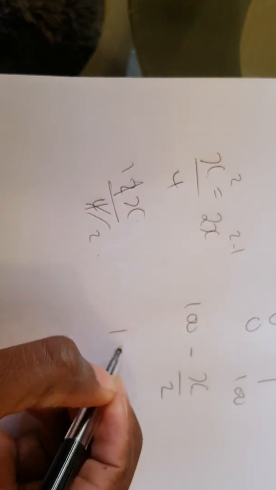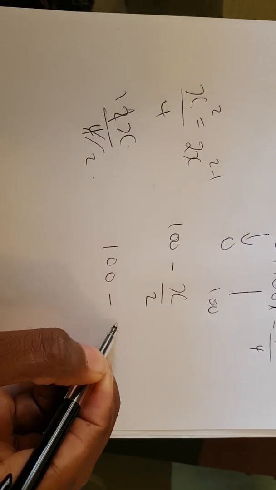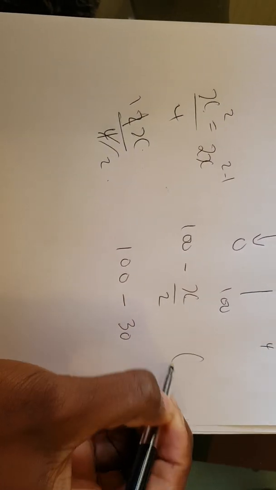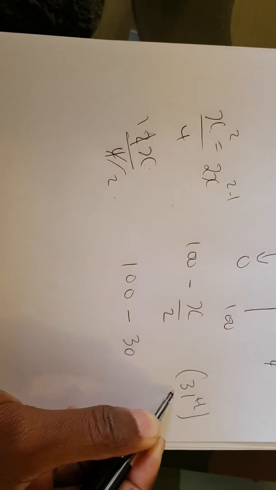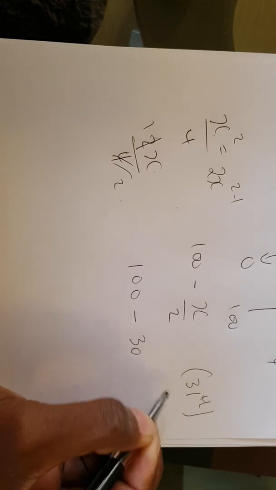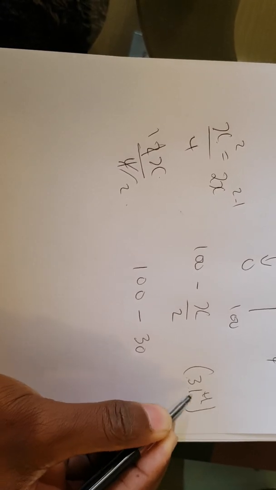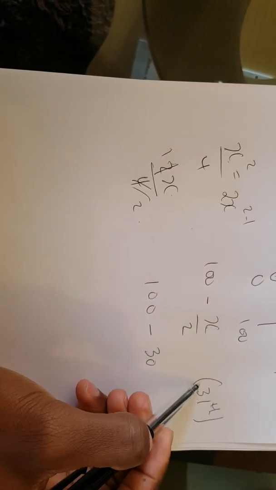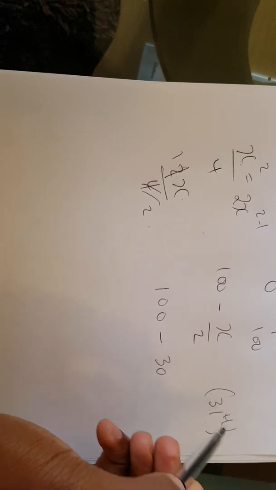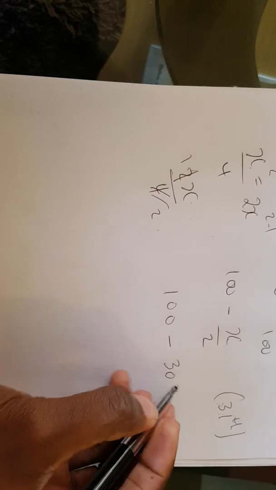So it's now going to be 100 minus 30. Remember they said the 31st, but now we know that the cost of manufacturing the 30th watch is similar to the cost of manufacturing the 31st watch. So if they said the 51st, we're going to use 50 here. Now they say 31st, we're going to use 30.